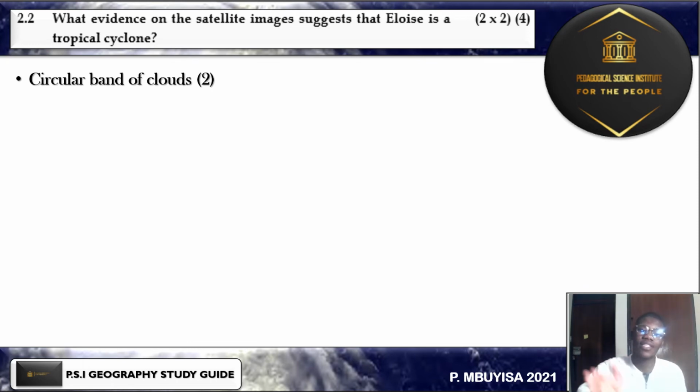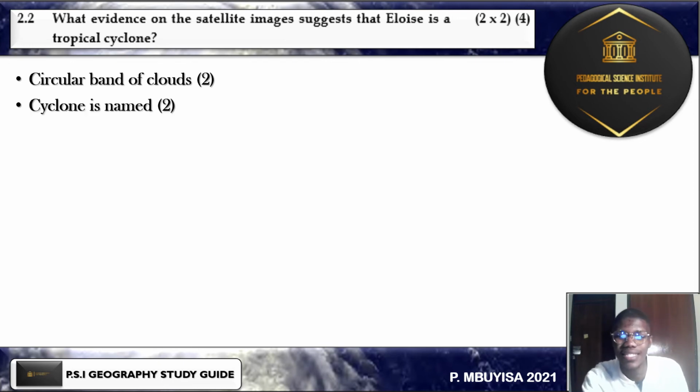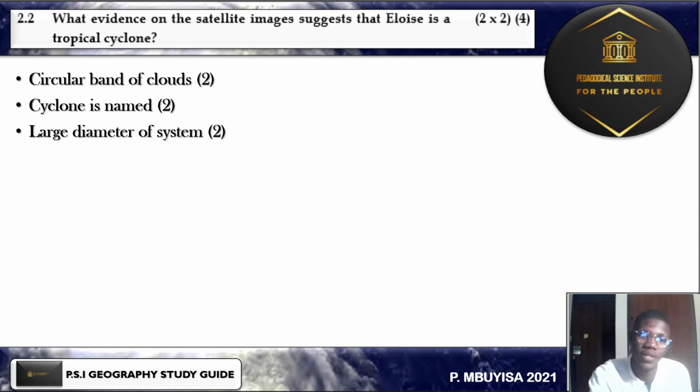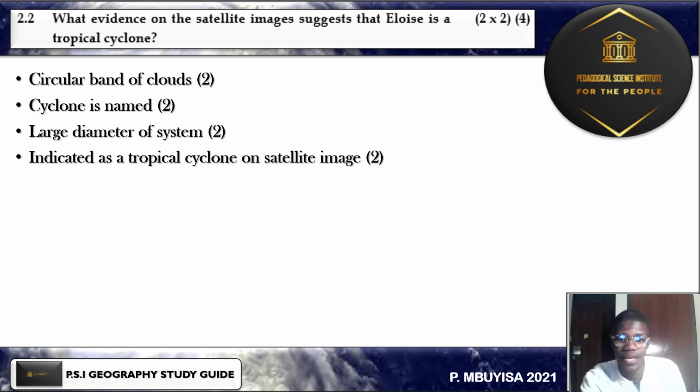And again, we have a circular band of clouds, and those circular bands of clouds are your cumulonimbus clouds, and the cyclone is named, so it has a name, Eloise, which shows that, and we have a large diameter of the system indicated again as a tropical cyclone there.